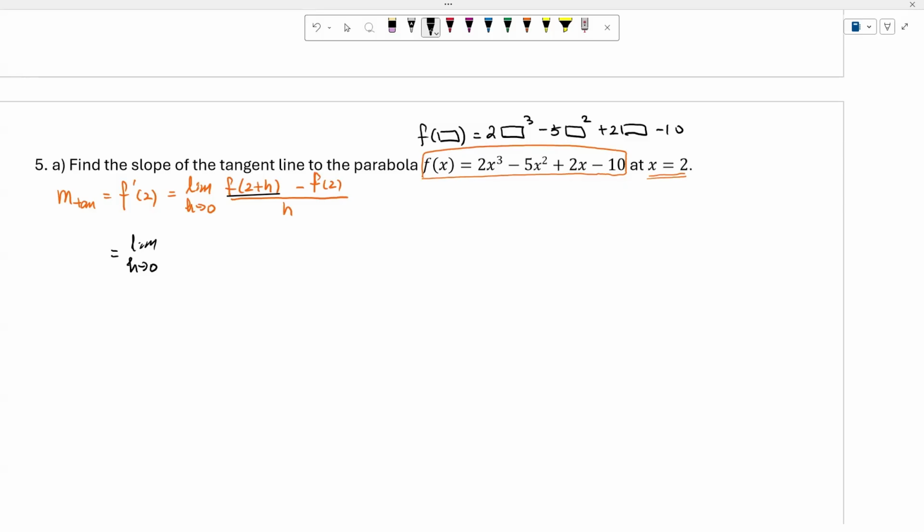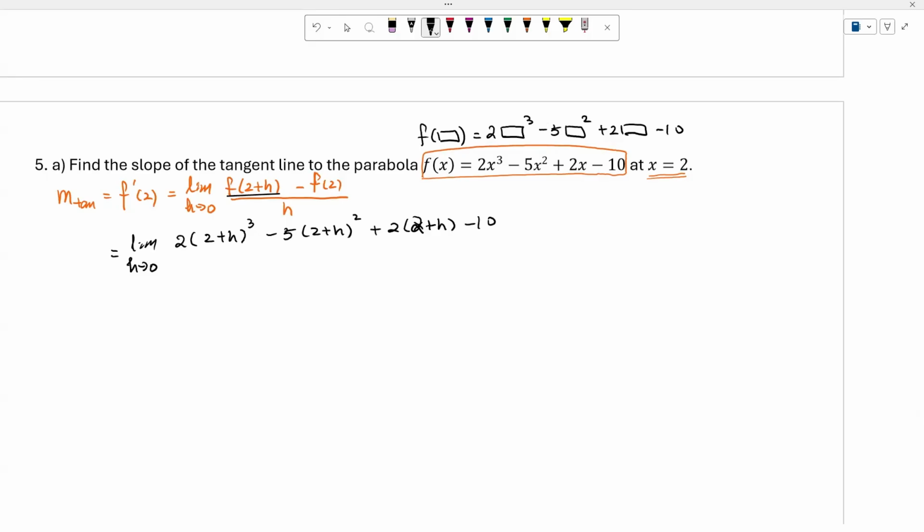So it will be 2 times (2 plus h) to the power 3 minus 5 times (2 plus h) squared plus 2 times (2 plus h) minus 10.